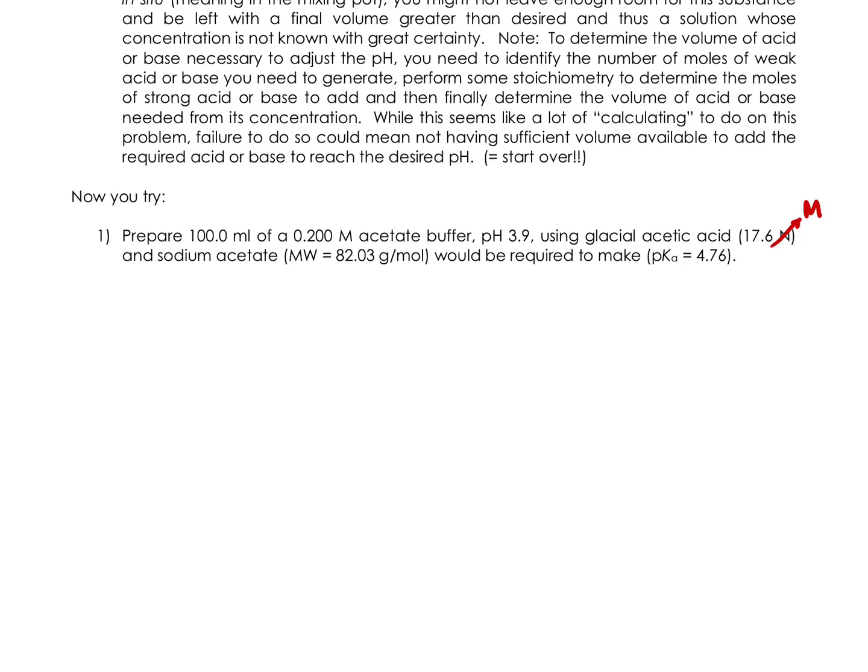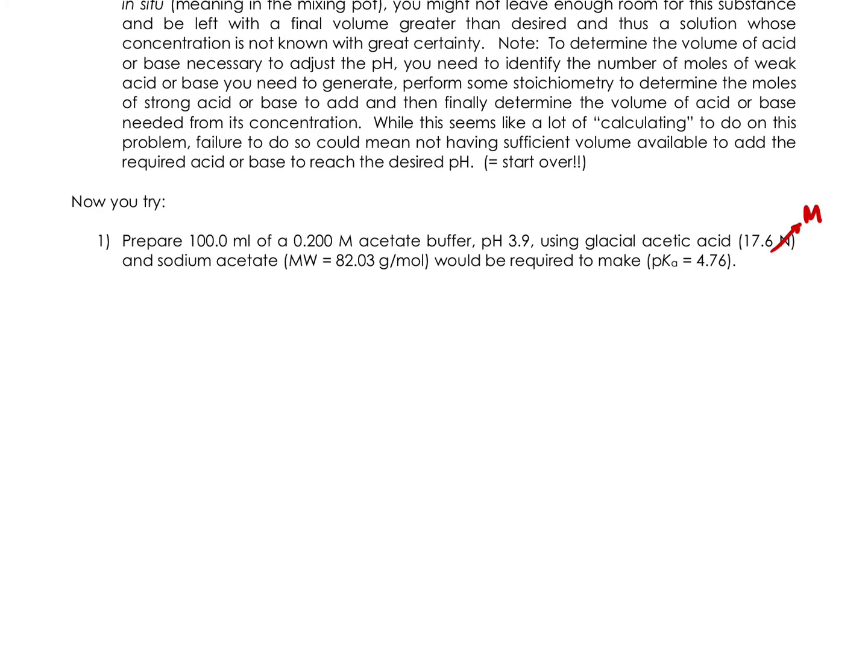Okay, so working through this problem now and highlighting the fact that, again, we need to use two equations, two unknowns. We'll start with the Henderson-Hasselbalch equation. So pH equals pKa plus the log of our A minus over our HA.